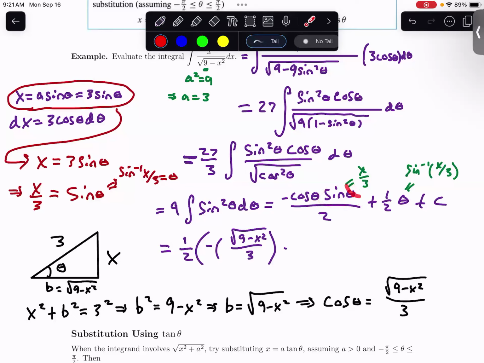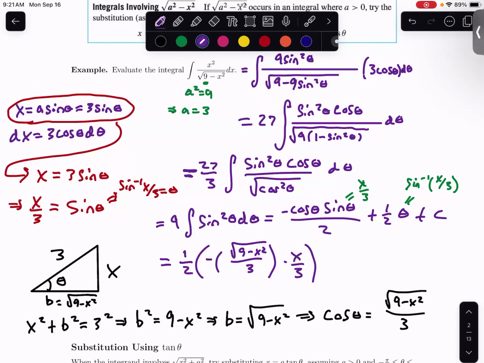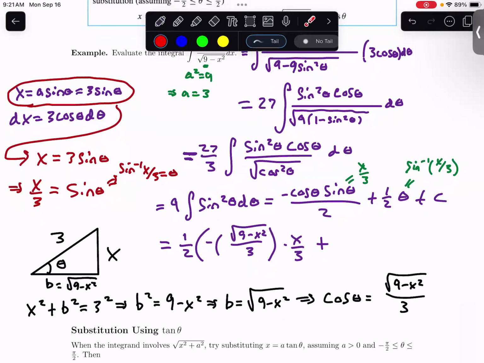Sine theta we found to be equal to x over 3. So this is times x over 3. And then this is plus, so we factor out the 1/2, so I'm just going to write the theta. We found theta is equal to inverse sine of x over 3. And then this is going to be all plus c.